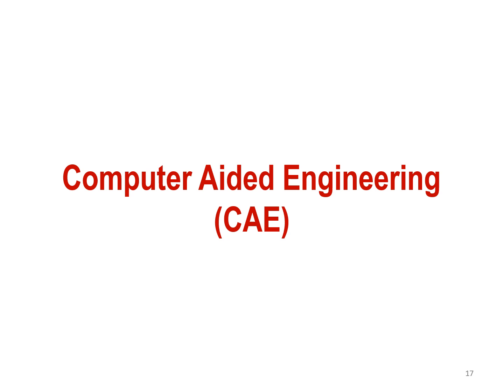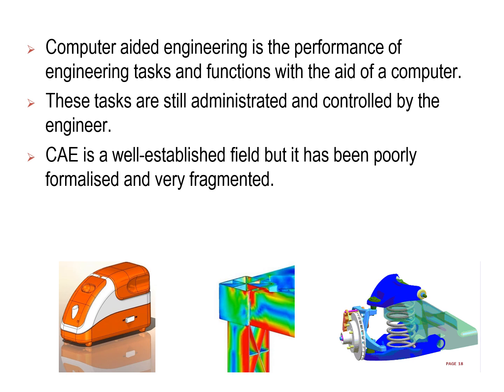So I told you that back in the old days, they didn't have computer-aided design or aided engineering, which is a new concept. We know it mainly as the CAE. So computer-aided engineering is the performance of engineering tasks and functions with the aid of the computer. These tasks are still administered and controlled by the engineer.